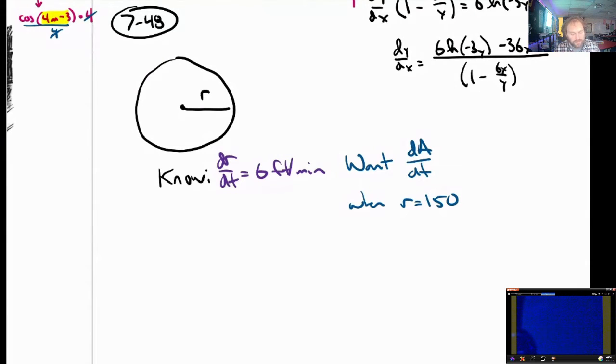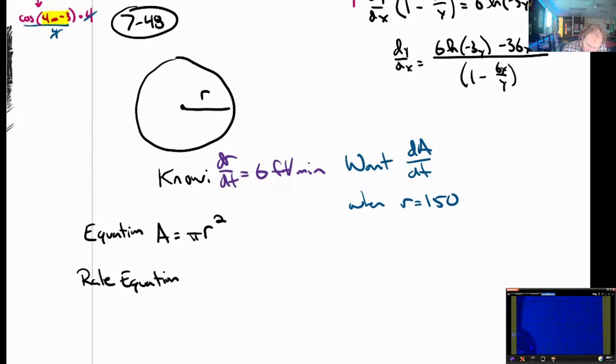Now, if you draw a picture of that circle there, you already know that the area is equal to pi times the radius squared. This would be our original equation for this problem. What we need now is a rate equation. We need a derivative, because we want to talk about related rates. So our related rates equation would be dA dt equals 2 pi r times dr dt.